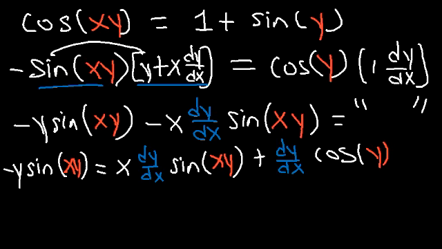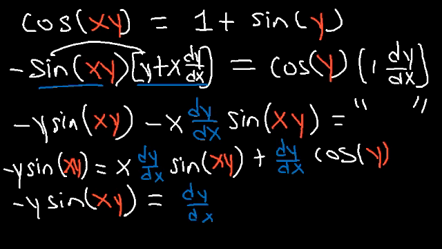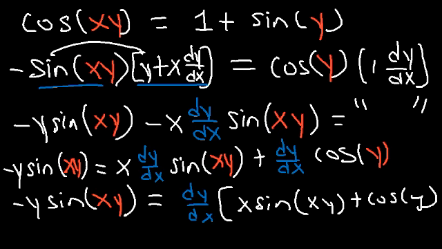At this point, we can isolate dy dx by factoring out the GCF, the greatest common factor. So the left side is going to be the same, negative y sine xy. On the right side, we're going to take out dy dx, and so we'll be left with x sine xy plus cosine y.